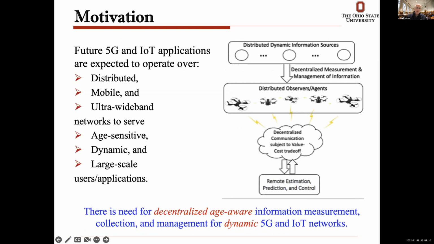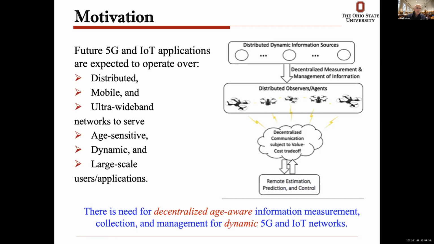These IoT applications we are envisioning, as well as these capabilities of 5G networks, bring an increasing element of distributedness, mobility, large bandwidths, delay sensitivities, and large-scale nature of the networks.